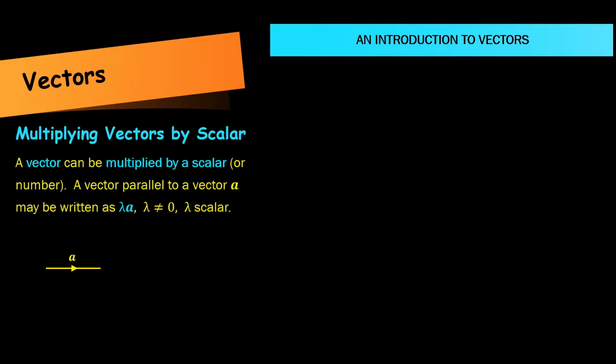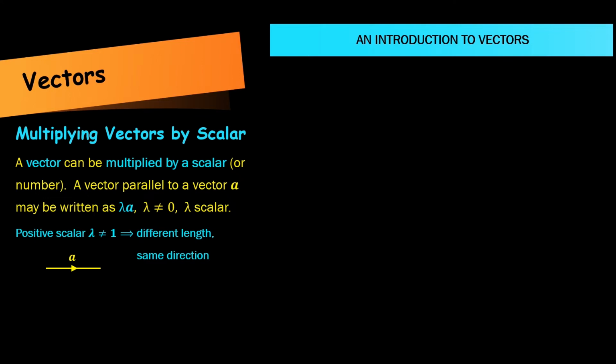Now let's take a look at multiplying vectors by a scalar. A vector can be multiplied by a scalar or number. A vector parallel to a vector A may be written as lambda A, where lambda does not equal 0 and lambda is a scalar. Suppose lambda is a positive scalar and lambda does not equal 1.